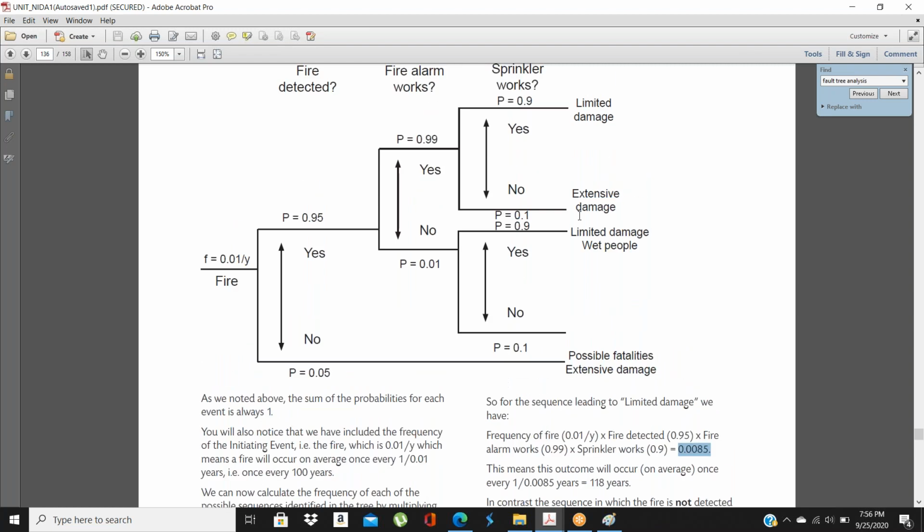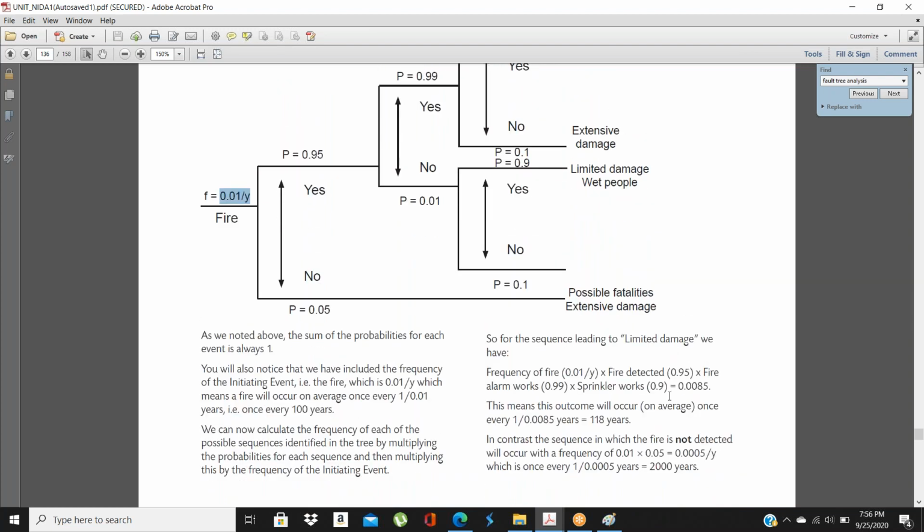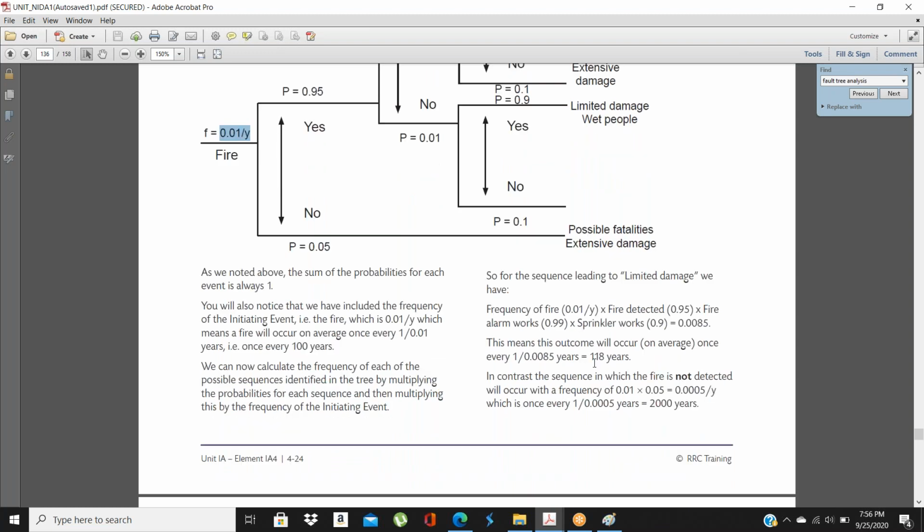If you install this system with these probabilities of success, then this limited damage event will occur once in 118 years.